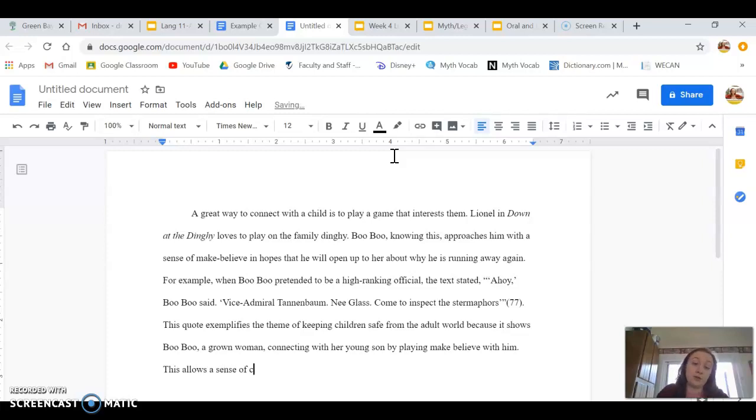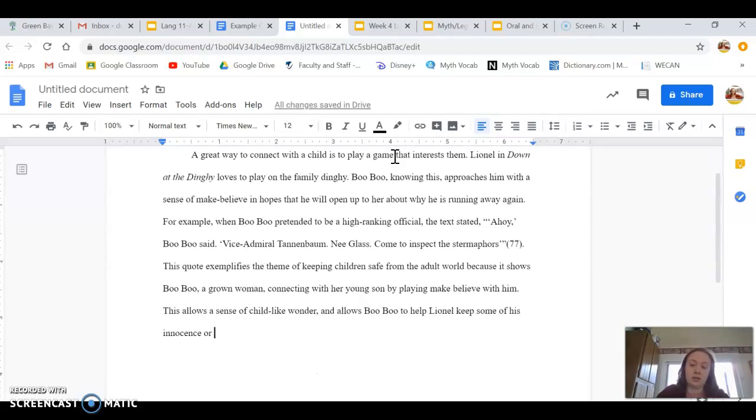This allows a sense of childlike wonder and allows Boo Boo to help Lionel keep some of his innocence and imagination.